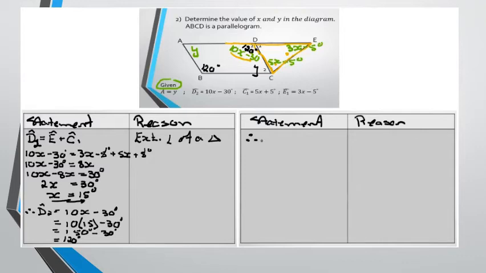Therefore, I'm going to say that angle D2 equals angle B equals 120 degrees in that particular case. And my reason for this is opposite angles of a parm. Opposite angles of a parm.